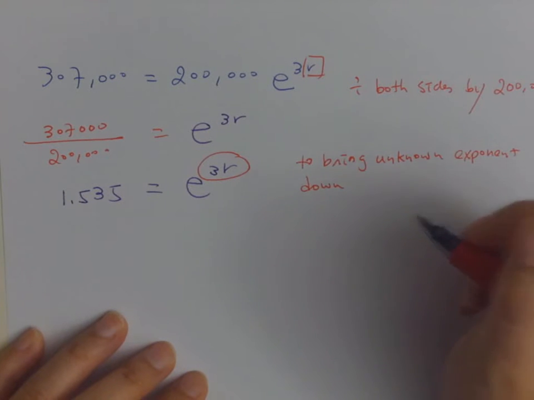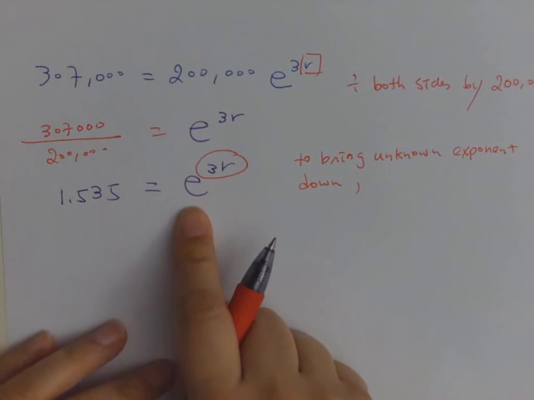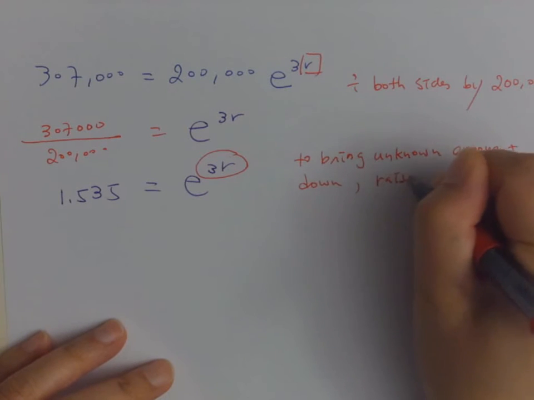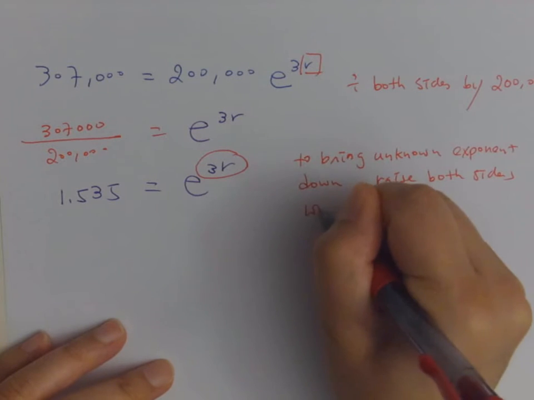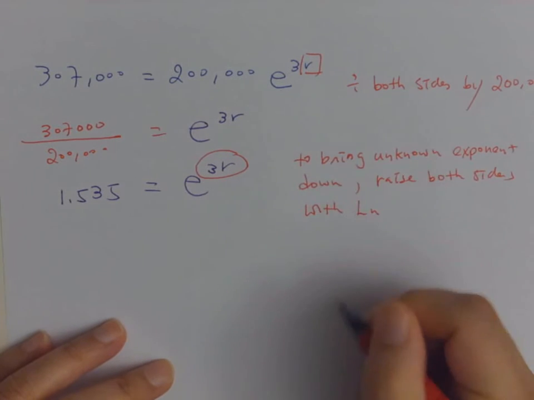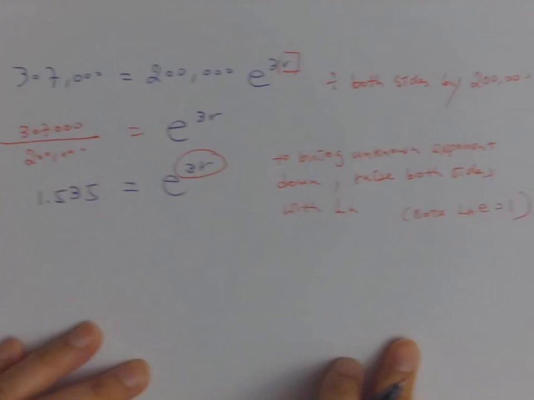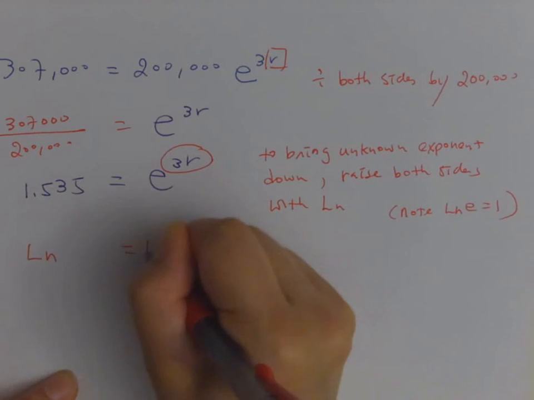So I need to take both sides with log, but instead of regular log base 10, because this has e, I will take both sides with ln. Take both sides with ln, because remember we said ln e equals 1, right? So they will eventually go away.